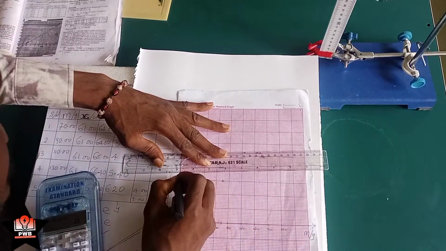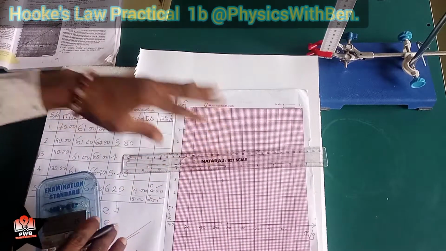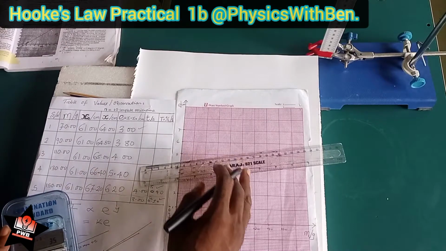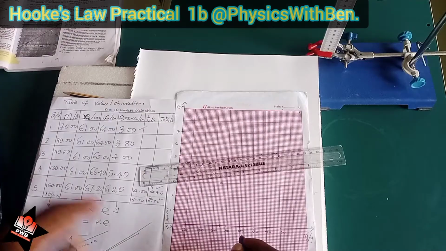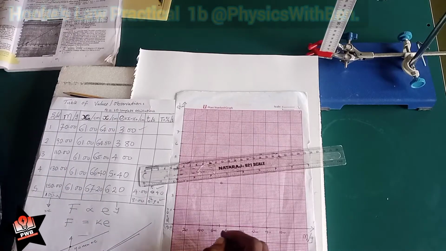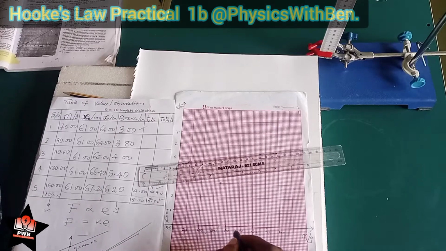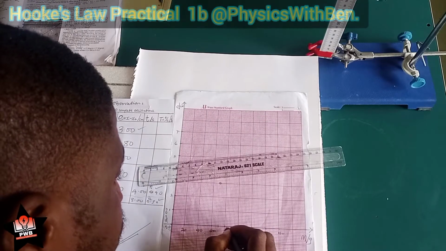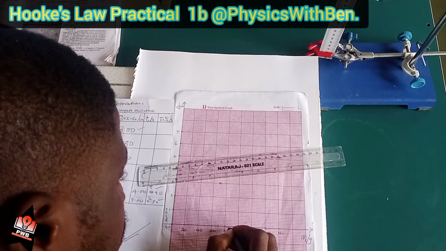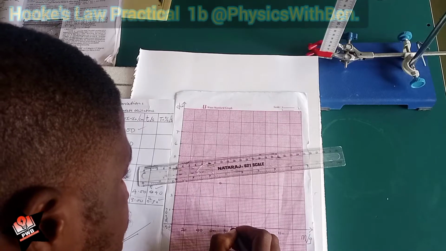So when the extension was 3.8, the mass was what? It was 90. So 90 is halfway 80. So this is 1, 2, 3, 4, 5. This is 90.